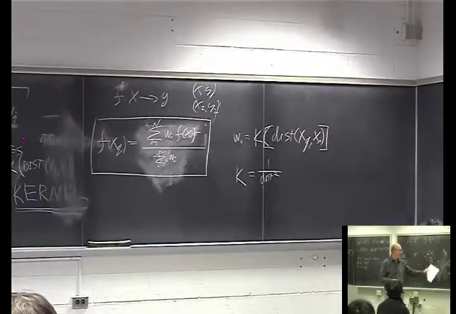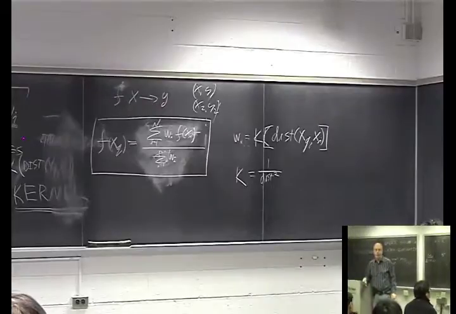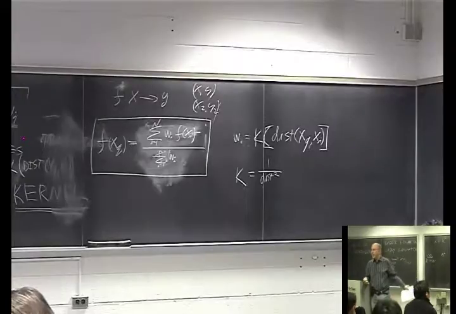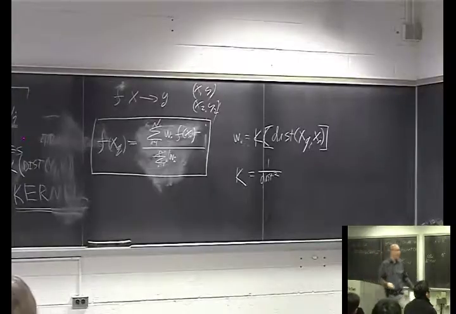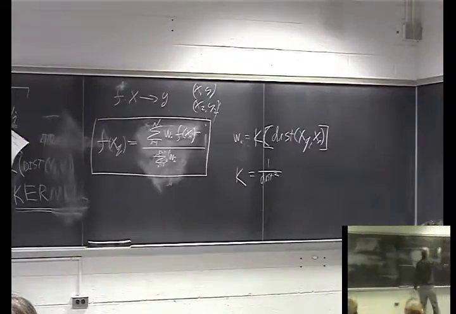And then you use that to make your weighted voting decision. So statisticians have been doing this for a long time, and this goes by the name of non-parametric statistics.